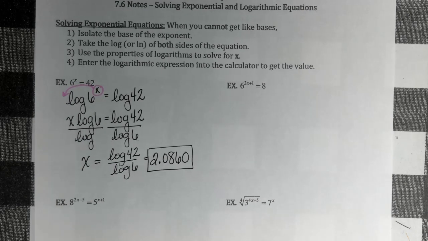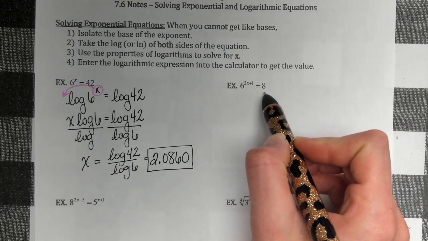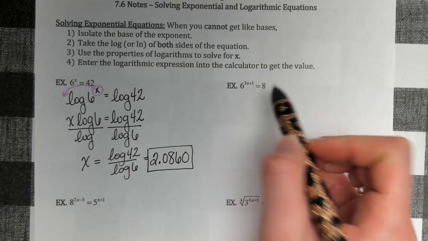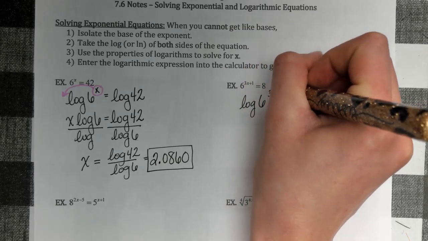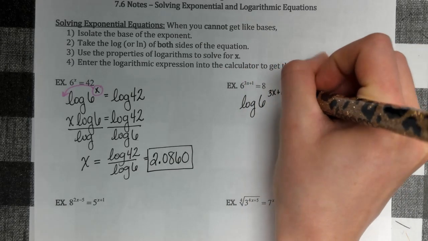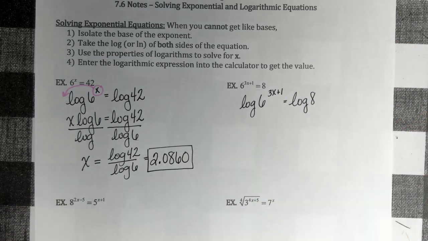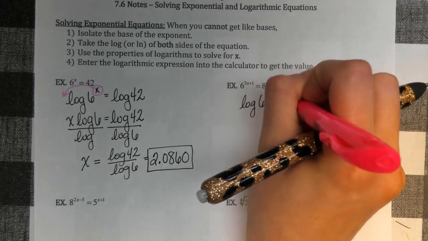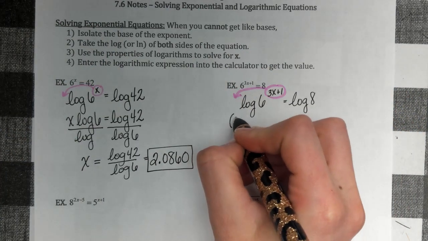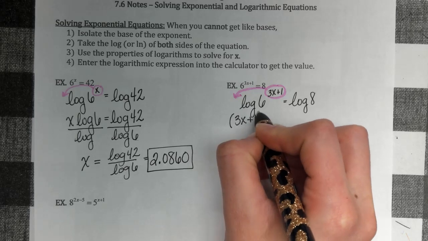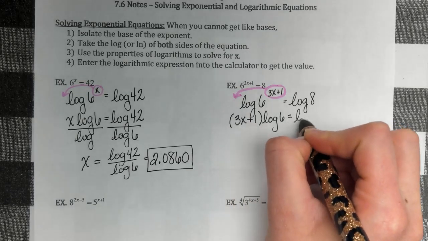Simple. Okay. So if I have 6 to the 3x plus 1 equals 8, I can't get 6 and 8 to the same base. So I'm going to take a log of both sides. And what am I going to do with that exponent? I'm going to bring it forward. So that is, in parentheses, 3x plus 1 times log of 6 equals log of 8.